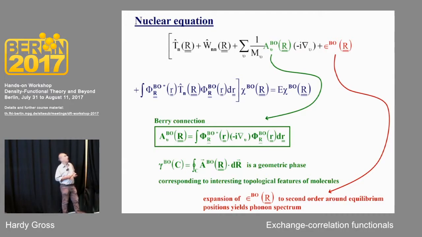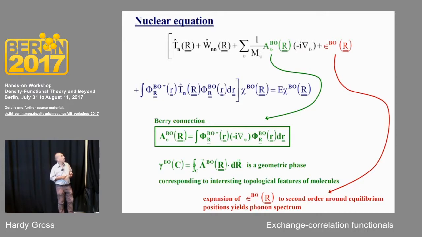So this gives you this vector potential. It's usually called a Berry connection because in some cases, when you integrate a loop integral, a closed loop in the nuclear configuration space, you may get a Berry phase, a geometric phase.